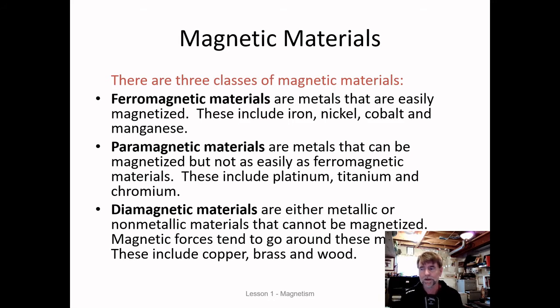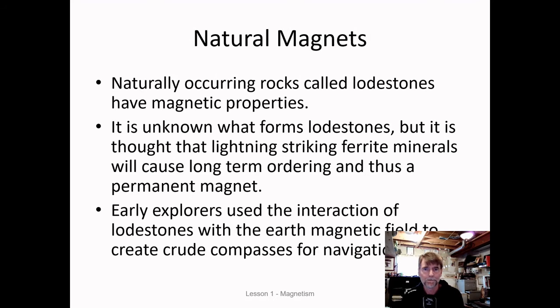Okay. Start out a conversation about natural magnets, naturally occurring rocks referred to as lodestones, and they are magnetized. Just naturally they occur. We can mine these products. Okay, it's unknown exactly what causes them to be magnetized.